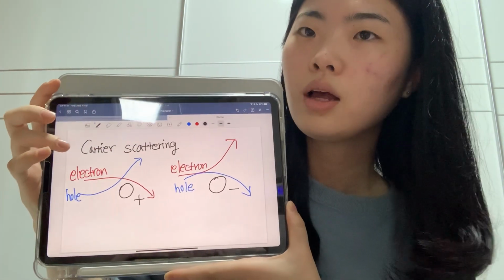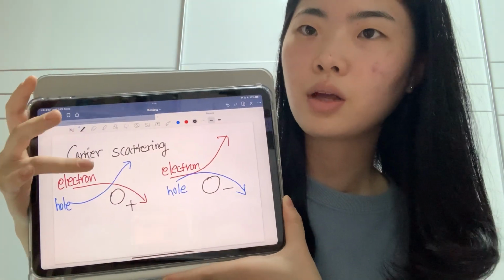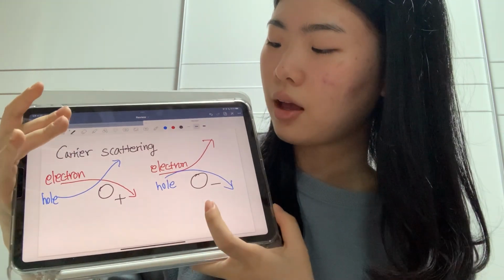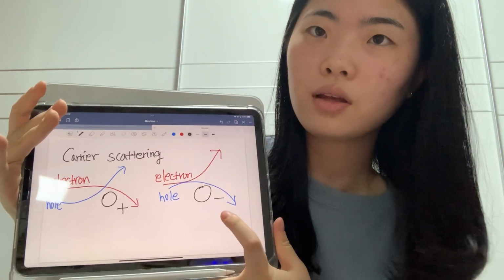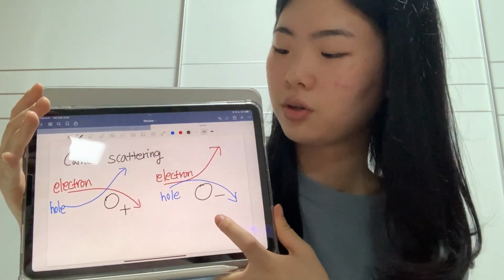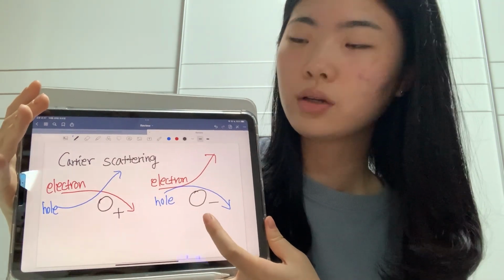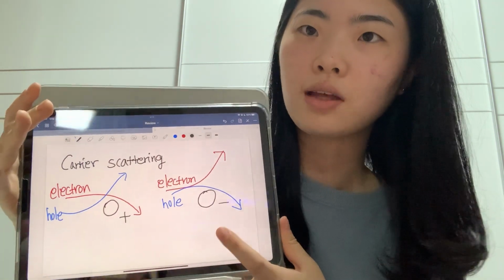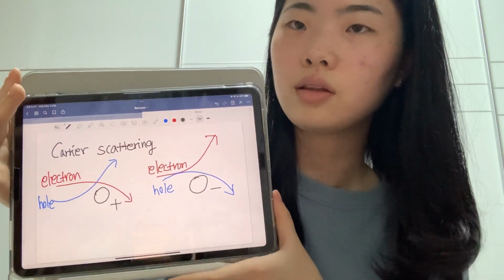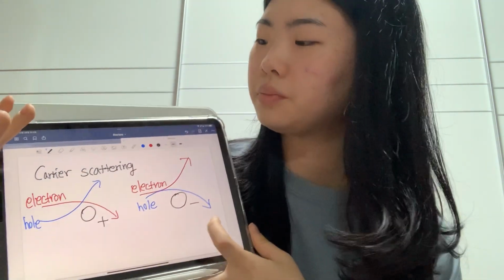However, the hole moves far away from the ionized donor because of their polarity. However, with the ionized acceptor, the electron is far from the ionized acceptor and the hole gets close. The hole will be close to the ionized acceptor. So this means carrier scattering, that electron and hole move this way.